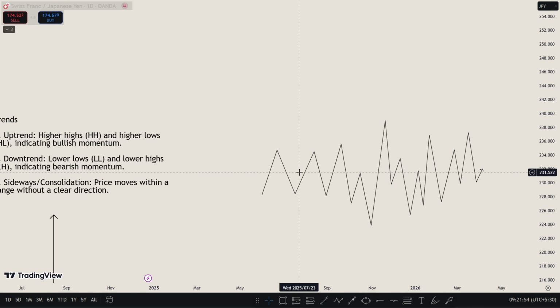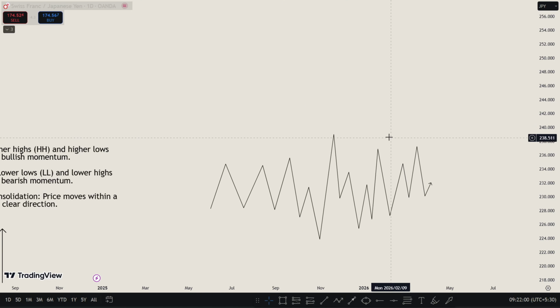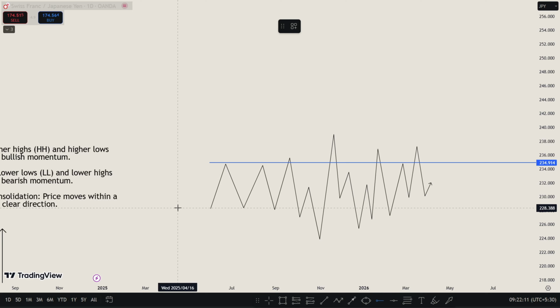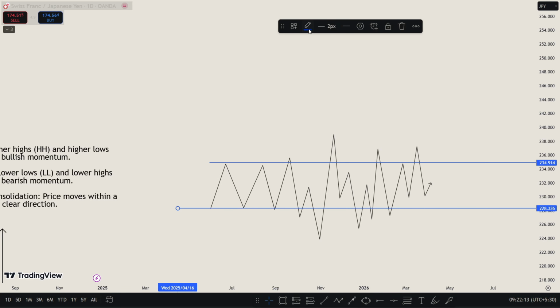But if somebody says that you need to find the trend within the consolidation, you can mark there also. Let's consider this a higher high, and let's consider this a higher low.